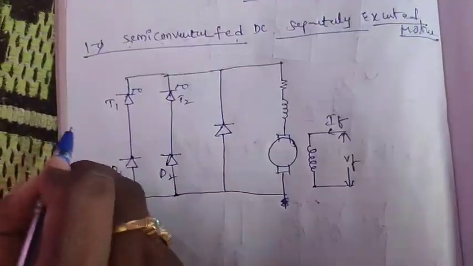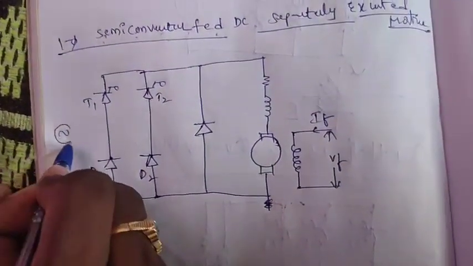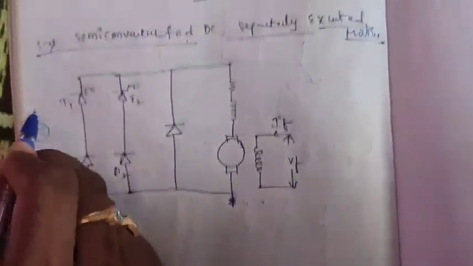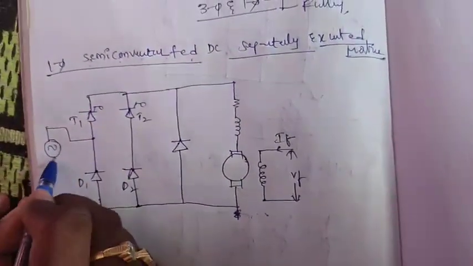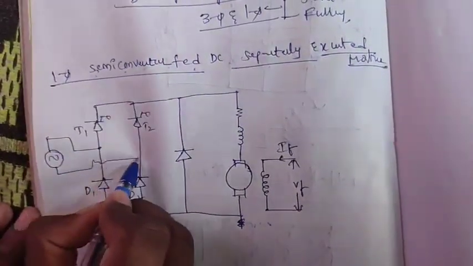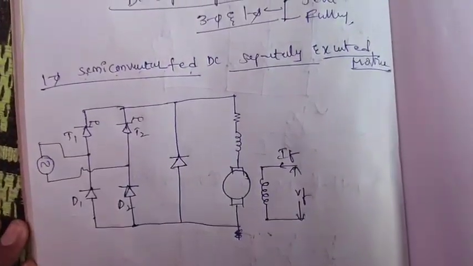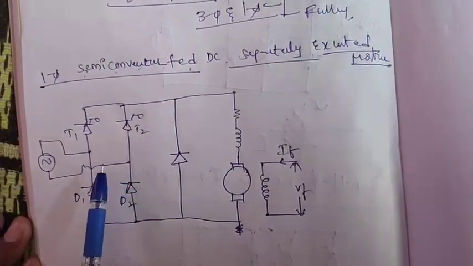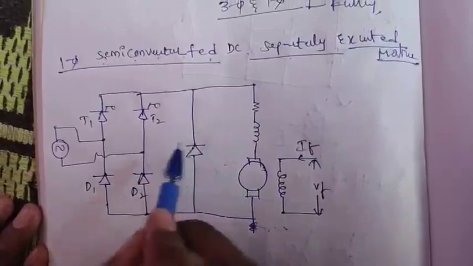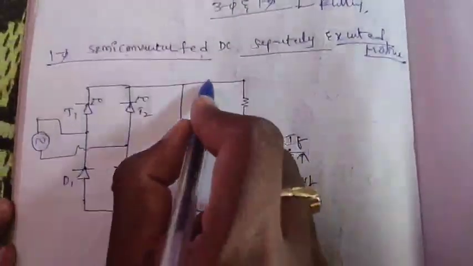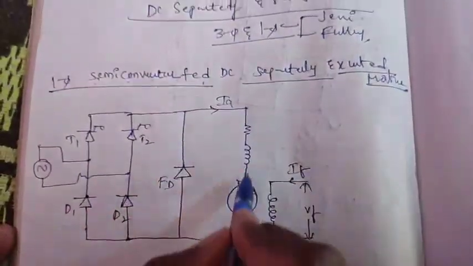The rectifier's input is the AC supply. So this is a separately excited motor fed semi converter drive, and this is the freewheeling diode. This is the current that flows through the armature.